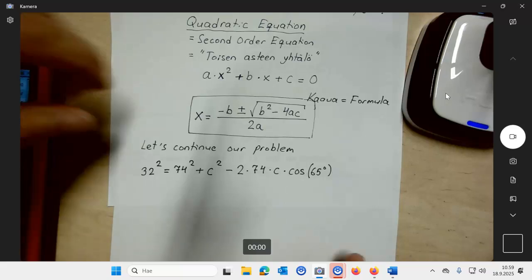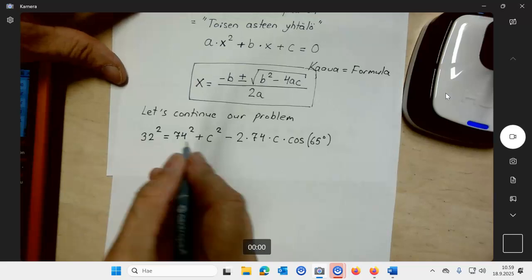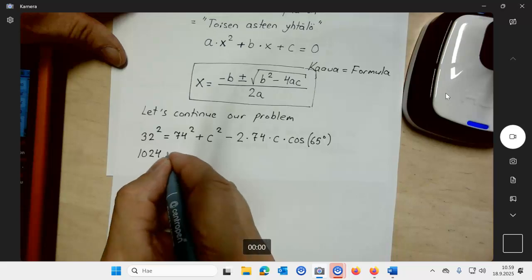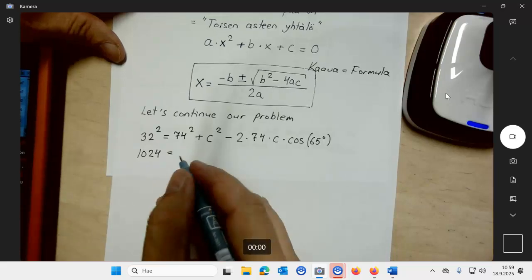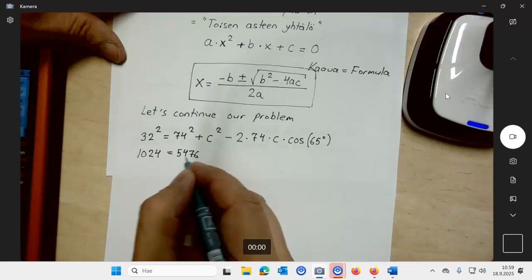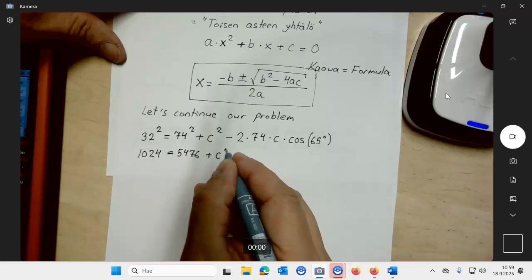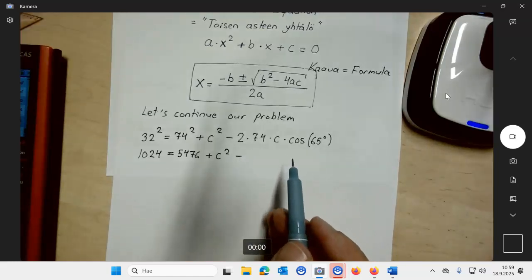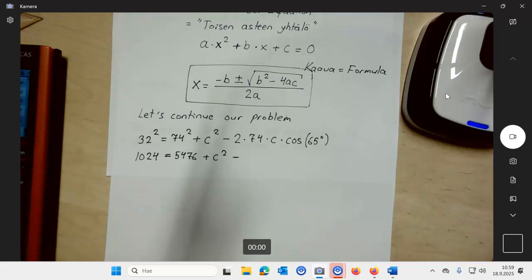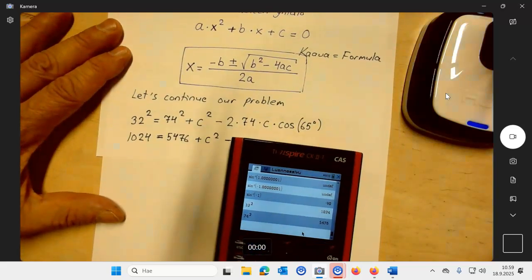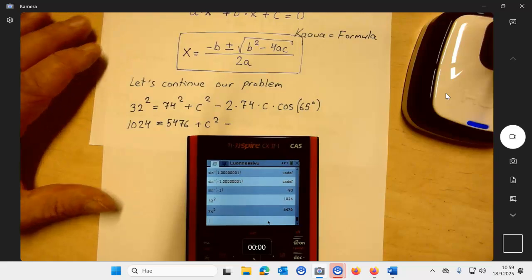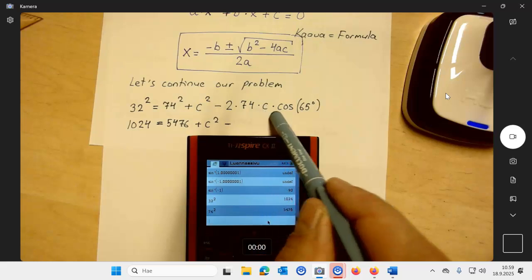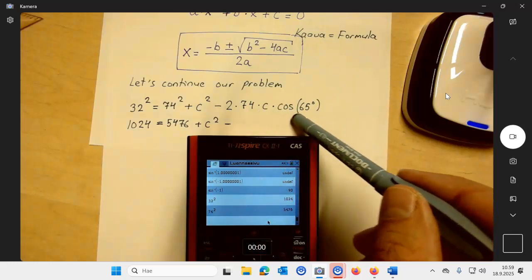I will quickly calculate these square terms with my calculator. In this part, I will show the camera also. I will calculate this last part so that I leave the c at the end of the expression.